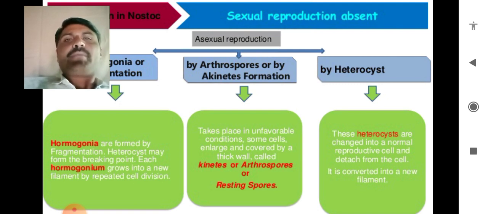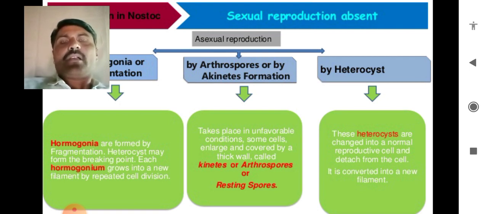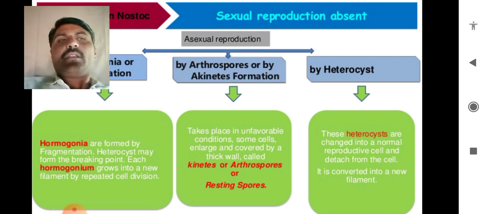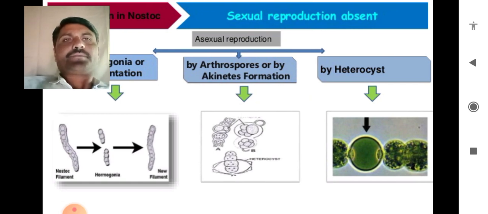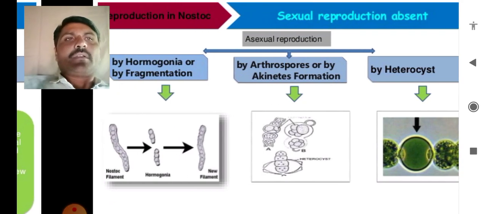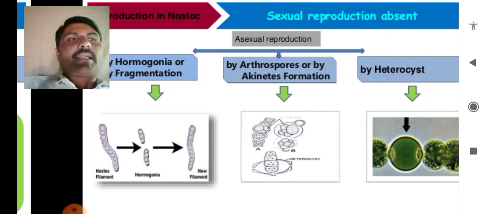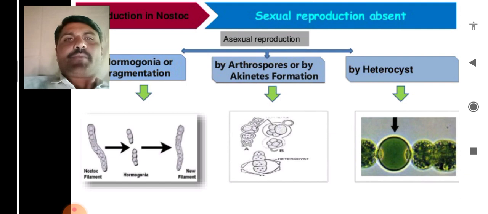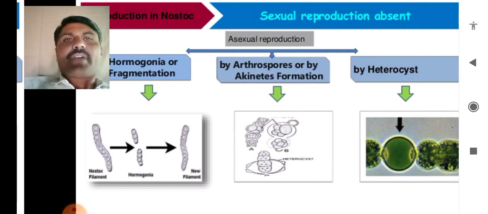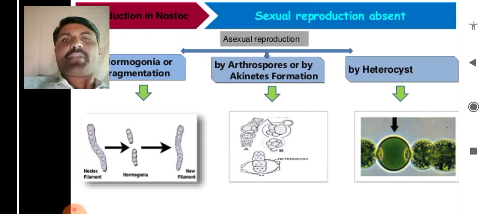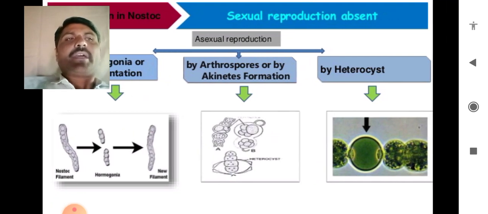One has to remember that Nostoc doesn't reproduce sexually. Asexual reproduction has been observed in the Nostoc, by formation of hormogonia or fragmentation, by formation of akinetes and by heterocyst.